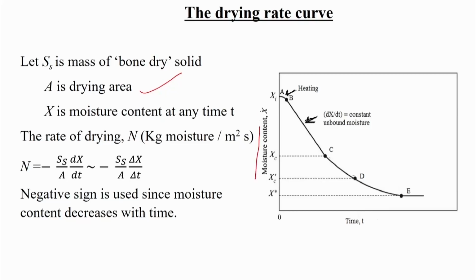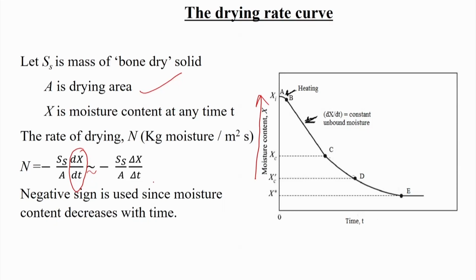In this, we take x as the moisture content. So, the rate of drying n is proportional to the amount of dry bone solid, inversely proportional to the area, and proportional to the drying rate, meaning the change of moisture content with time, dx/dt. So, n is equal to minus S s by A into dx/dt, or simply almost equal to minus S s by A into delta x by delta t.